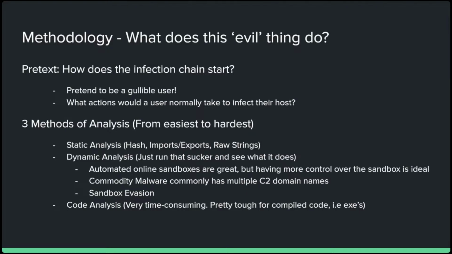Once we get all the information from there, we just be that user and run this thing and see what it does. I'm sure a lot of you are familiar with online sandboxes like AnyRun. They're absolutely great. However, as I mentioned earlier, sometimes there might be multiple domain names encoded in the malware, so it's best if you can control those parameters so you can manipulate the DNS requests that go in.